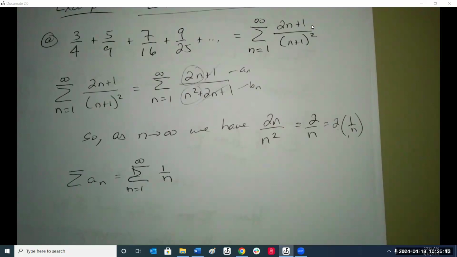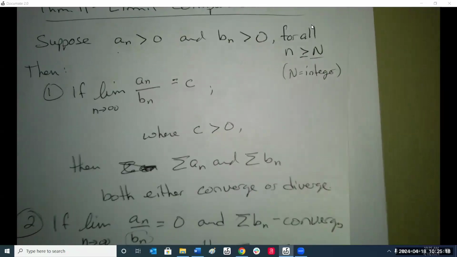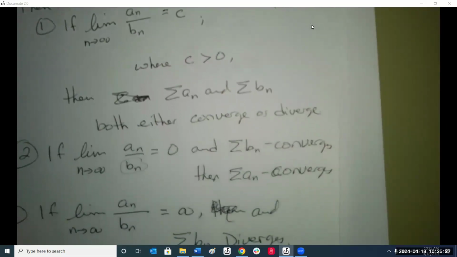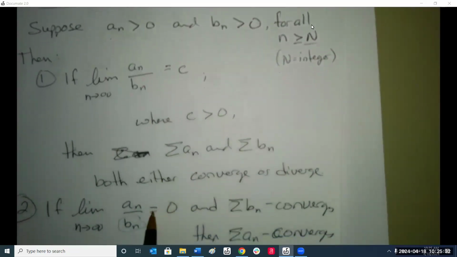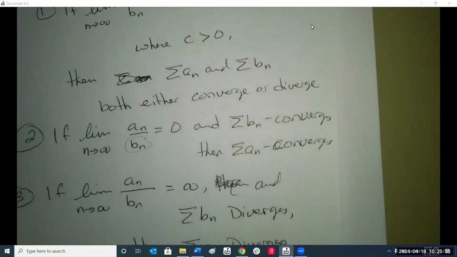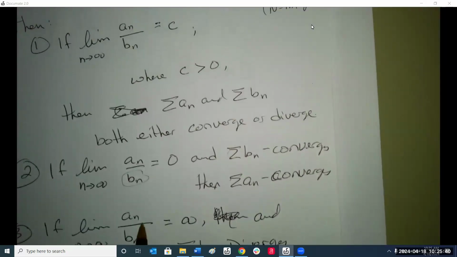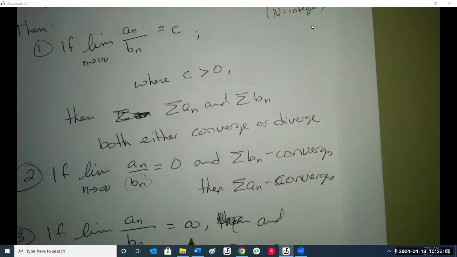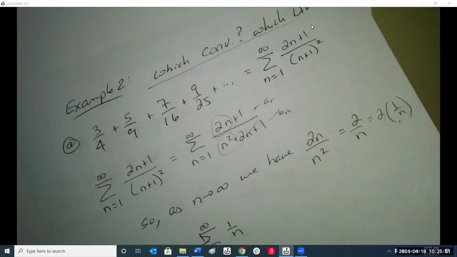And 1 over n, according to these theorems. So which one? 1 over n.